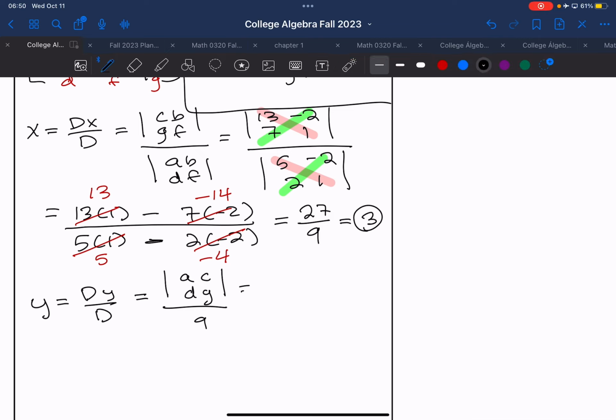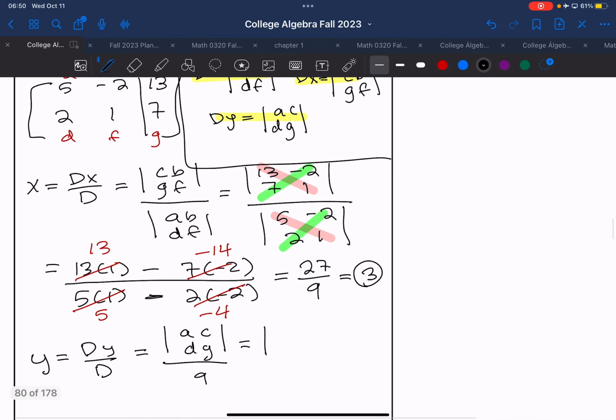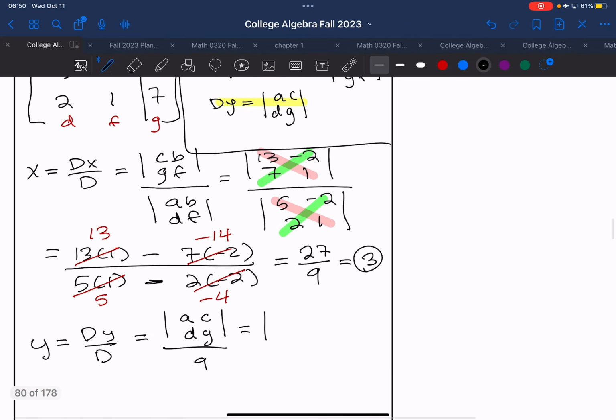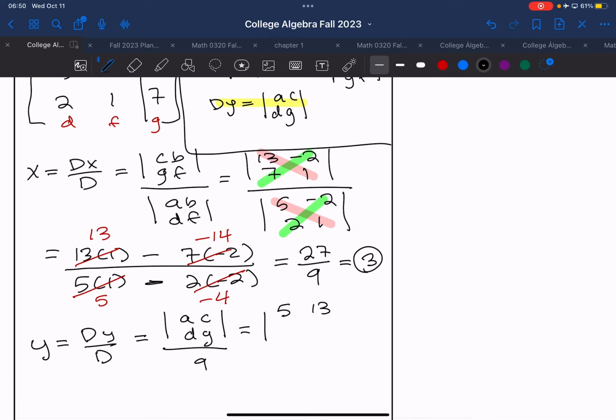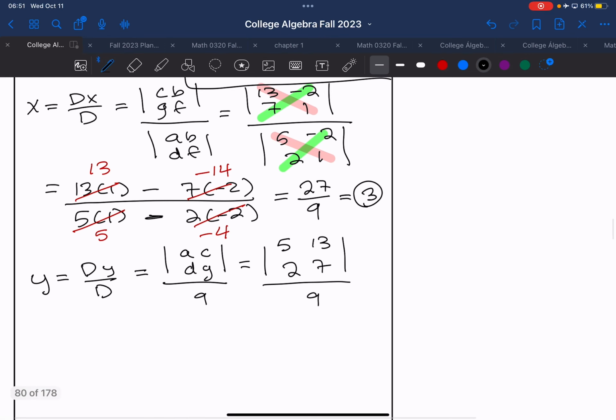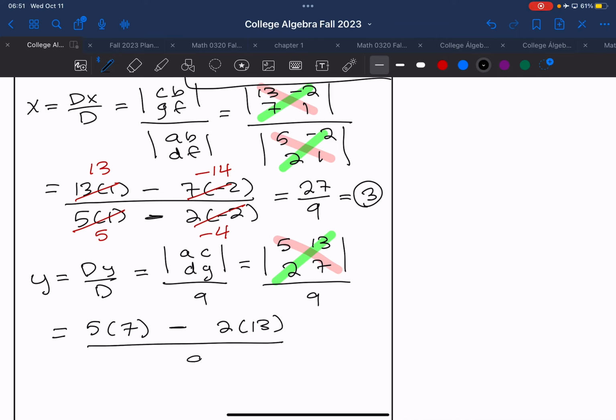Okay, so plugging in my top determinant, I have A, C, which is 5, 13, and D, G, which is 2, 7, over 9. I multiply on the correct diagonals, and I get 5 times 7 minus 2 times 13 all over 9.